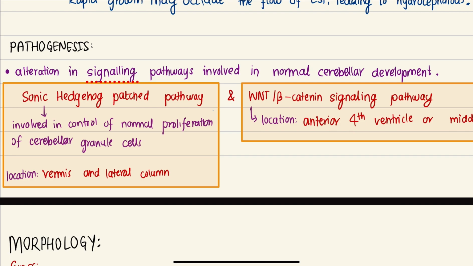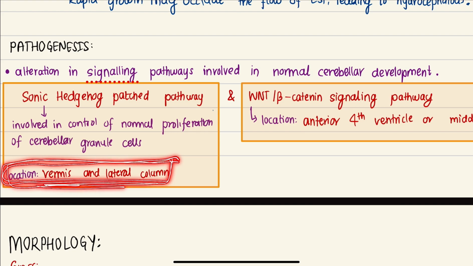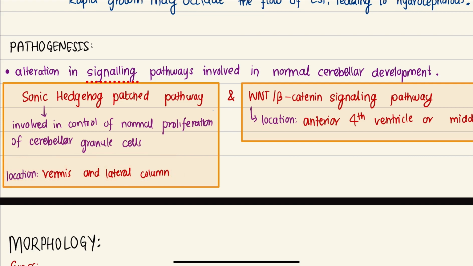In the sonic hedgehog patched pathway, the problem is generally seen in the vermis and the lateral column. The vermis and the lateral column. When we functionally divide the cerebellum, we divide it into the vermis, the intermediate column, and the lateral column. So the intermediate column is not really involved in the sonic hedgehog patched pathway.